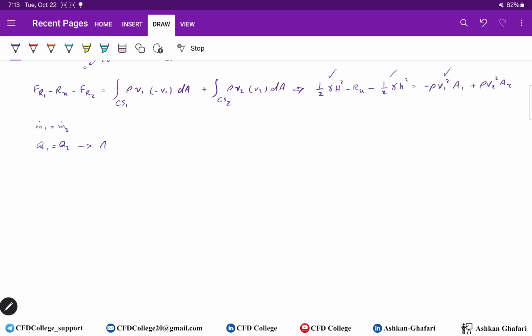For example, from this A1 V1 equals A2 V2, so V2 equals A1 over A2 V1. A1 is H, A2 is H, and V1 we have that. So V2 equals 10 over 1.5 in feet times V1, which is 4 feet per second, equals 26.67 feet per second. This is V2.